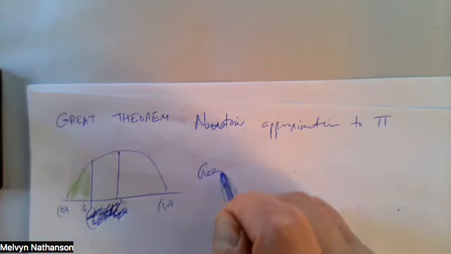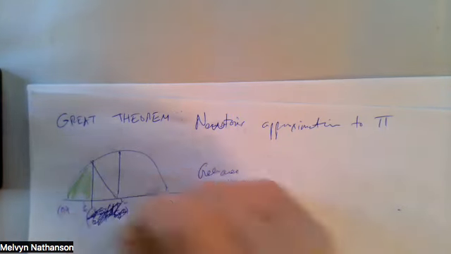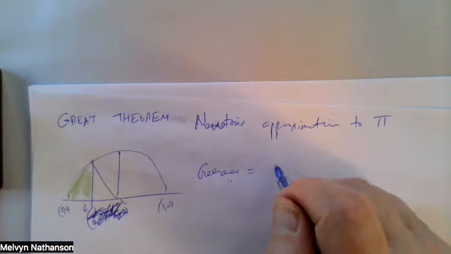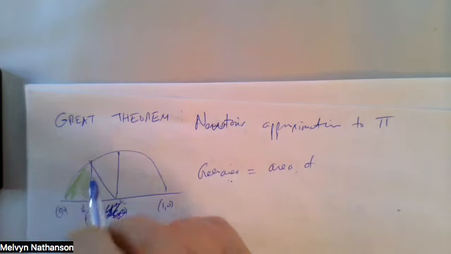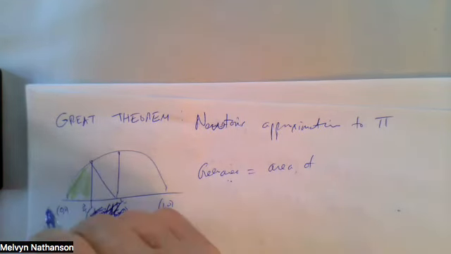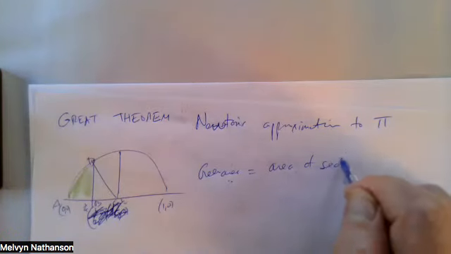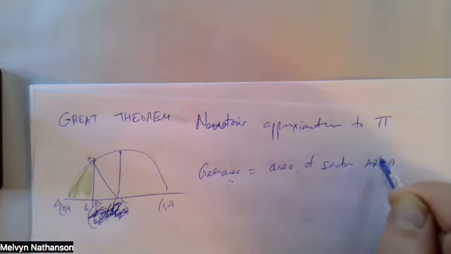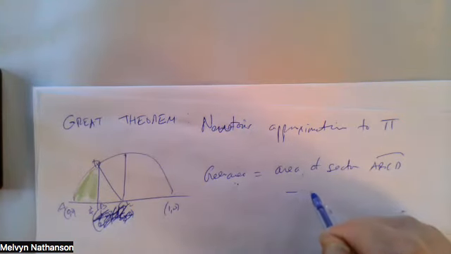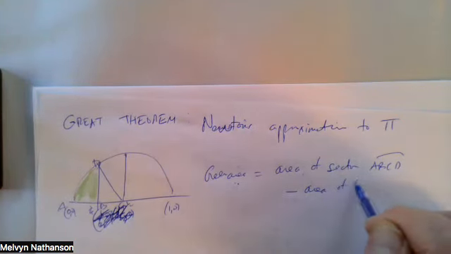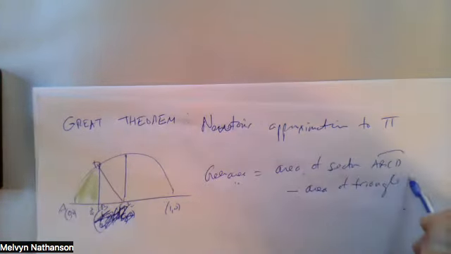So the green area, on the one hand, is equal to the area of the sector of the circle ABCD minus the area of the triangle BCD.